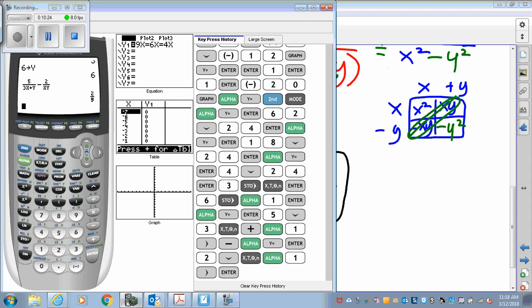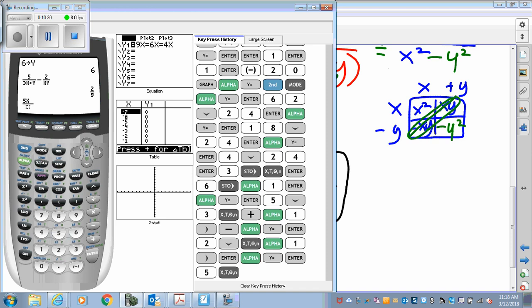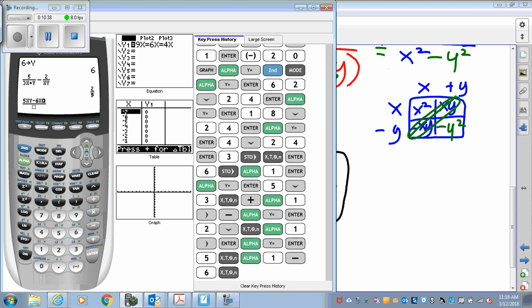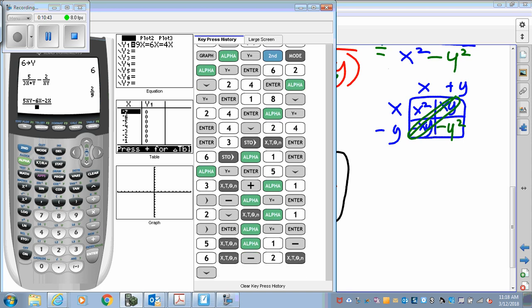So let's type that in. So that is a fraction. So hit enter. And then I'm going to put 5x alpha 1. So I get the y, 5xy minus 6x. Oh, I hope this is going to be right after all this work. All right, that's my numerator.